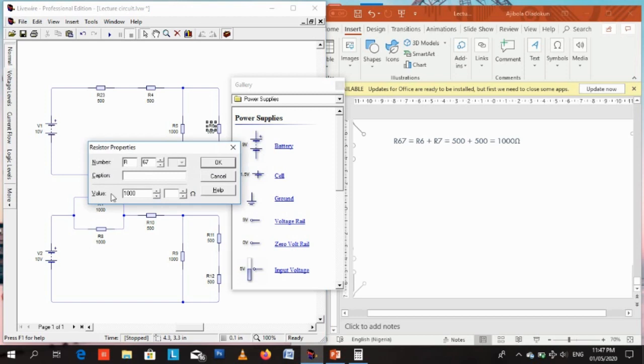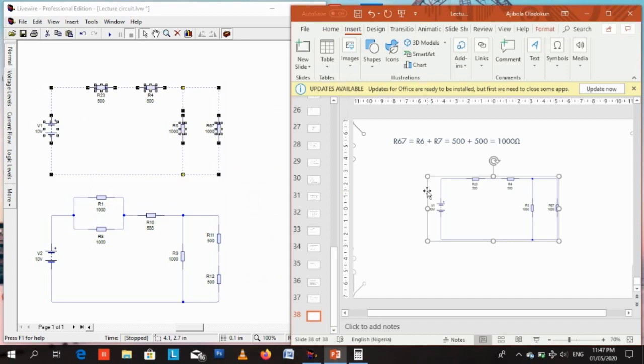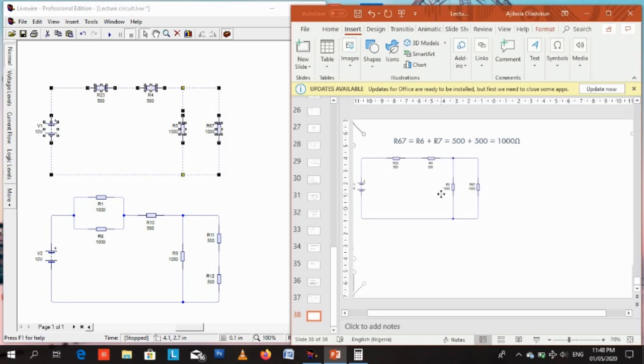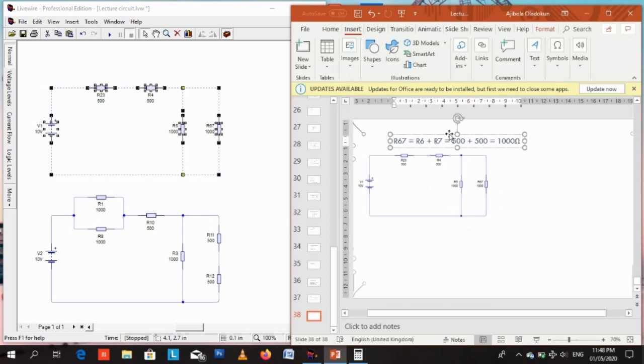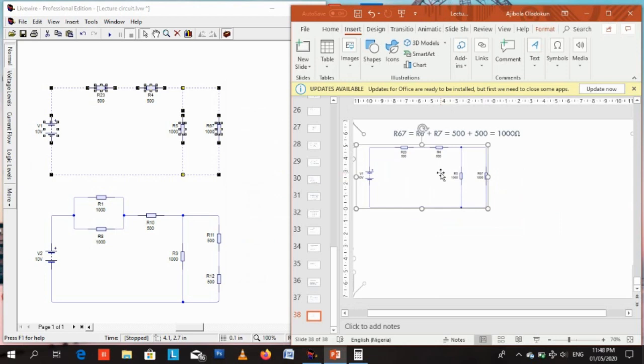So we have simplified the circuit. These two resistors in series have now been replaced by a single resistor R67, which is the total resistance of those two resistors in series, and its resistance value is 1000 ohms.